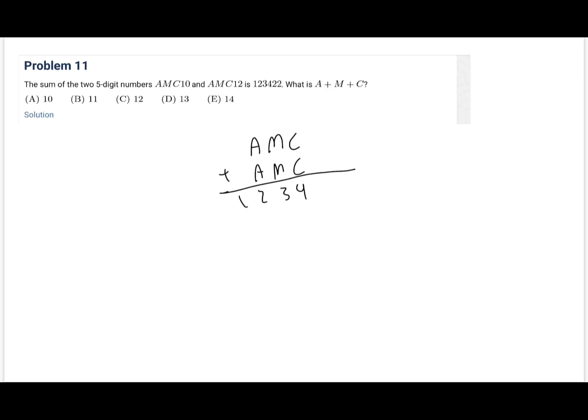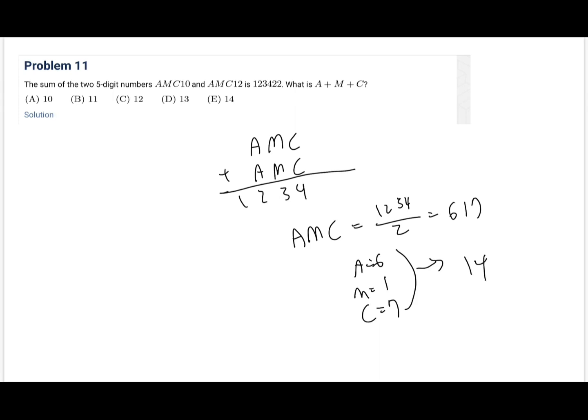And so AMC plus AMC will be 1234. So AMC would be 1234 over 2, which is 617. So A is 6, M is 1, C is 7. You add them all together, it's 14. The answer is E.